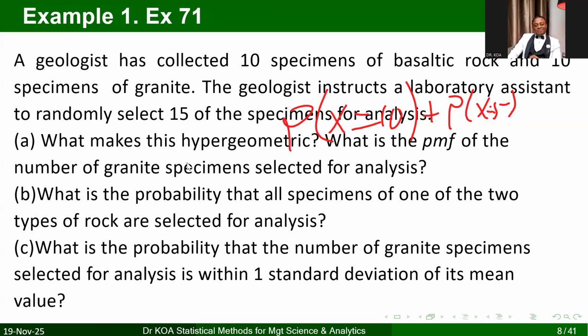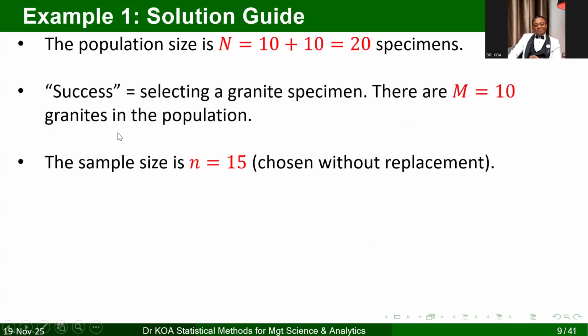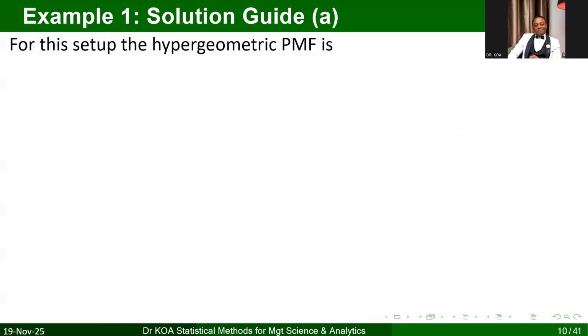So when you do the first one for the 10, what do you get? You can do it. I mean, in order for us not to delay too much, I know you can do it.